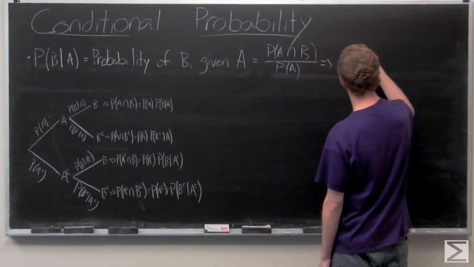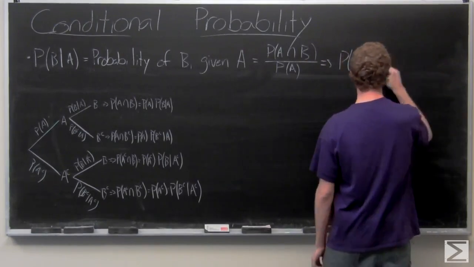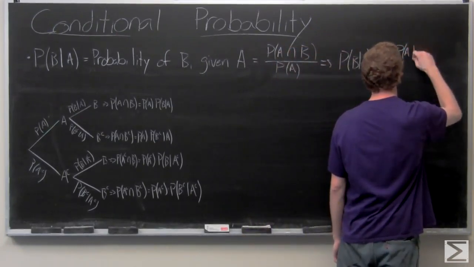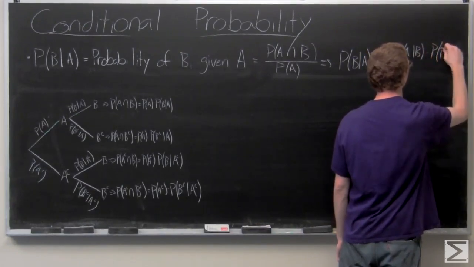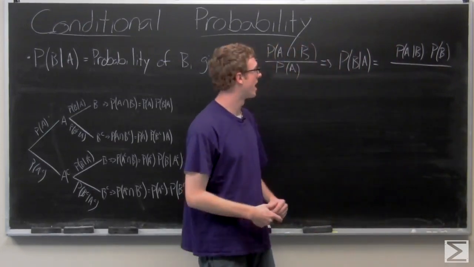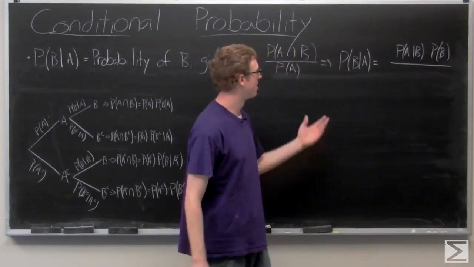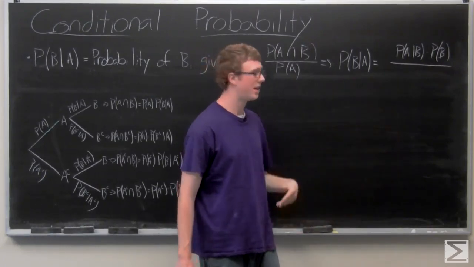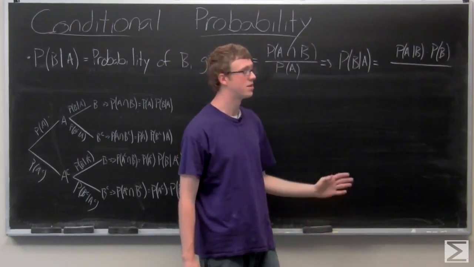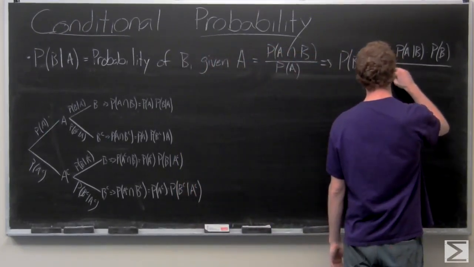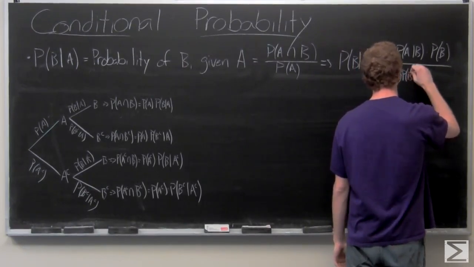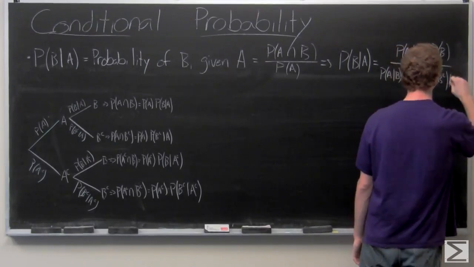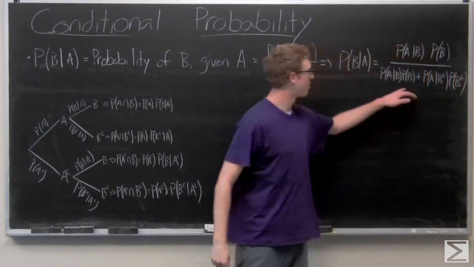So we have the probability of B given A. B given A is going to be the probability of A given B times the probability of B. And as we noticed in the last video, that is the probability of A and B. And then it's going to be all over the probability of A happening, which is A given B times B plus A given not B times not B. So Bayes' formula is going to be really important.